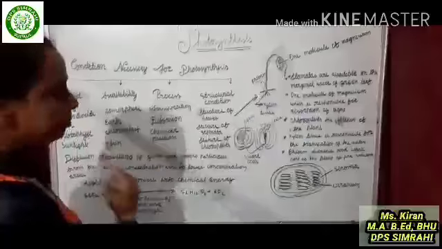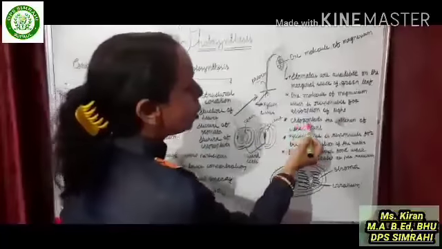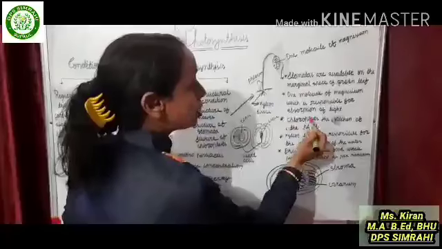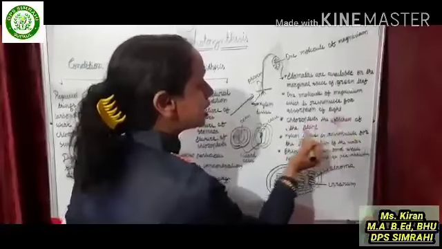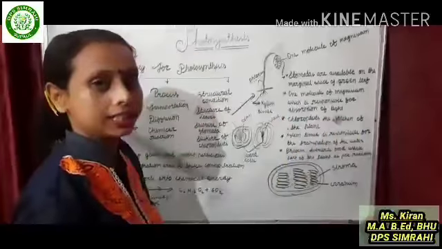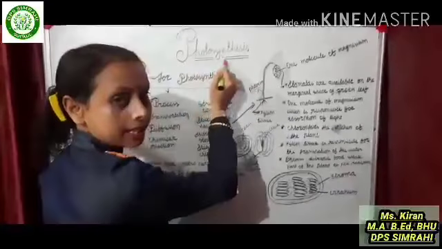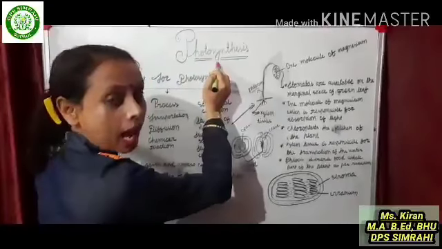I repeat, one molecule of magnesium is responsible for absorption of sunlight. You have seen. And chlorophyll, chloroplast. Yes, chloroplast is the kitchen of the plant where photosynthesis is happening.